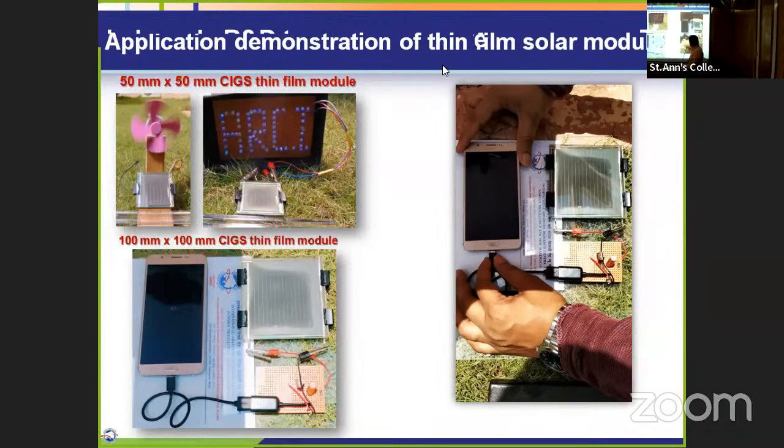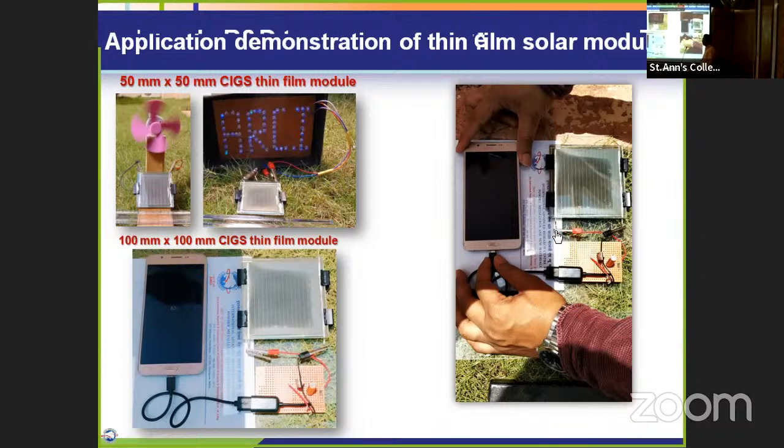And this picture actually is a video. So this picture is actually this 10 by 10 module with a small circuit. If there is sunlight outside, you can see the real-time demonstration. And please. So this is actually a very sunny day. We kept this module outside with some small circuitry, and your smartphone can be charged with this one.